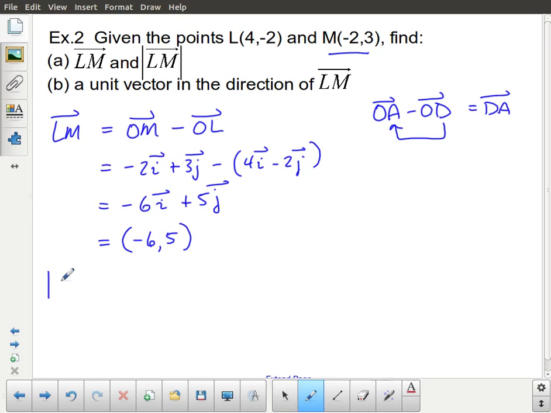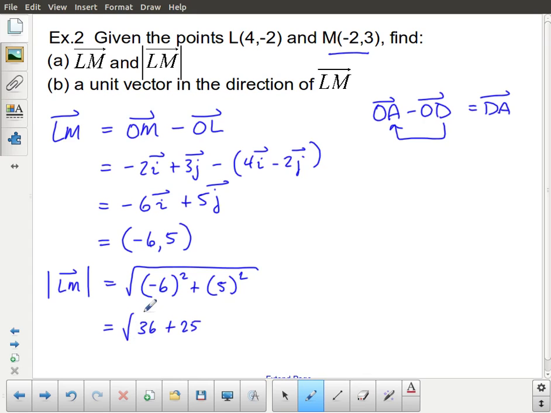The magnitude of LM is equal to the square root of negative 6 all squared plus 5 all squared, which is equal to 36 plus 25 square rooted, which is equal to, in this case, the square root of 61. And of course, this is positive because it's a distance.